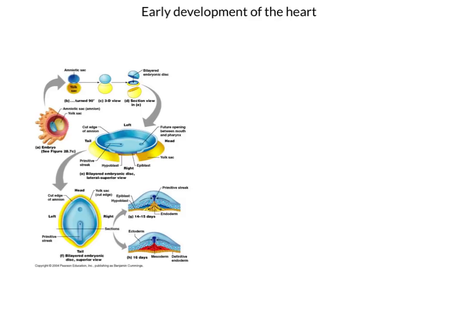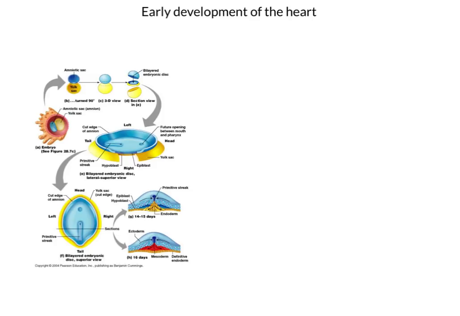So it is at the primitive streak that gastrulation occurs, and we end up going from a 2-layered disc to a 3-layered disc with outer ectoderm, inner endoderm in yellow, and sandwiched between the two in red, the mesoderm.